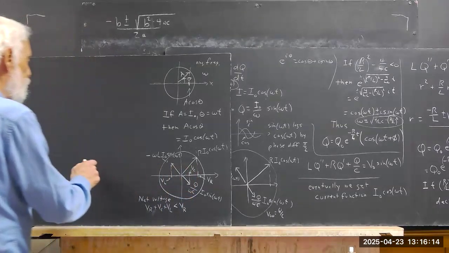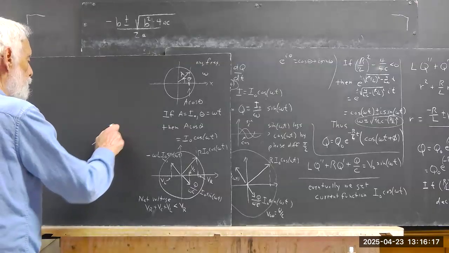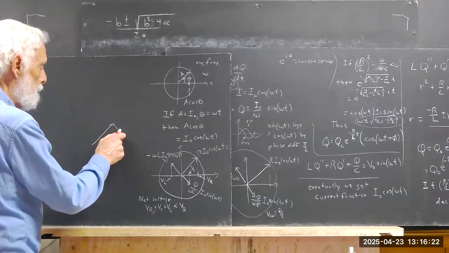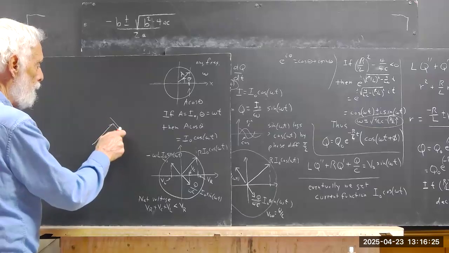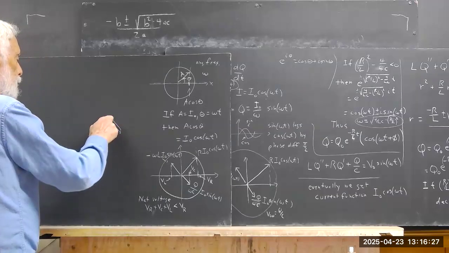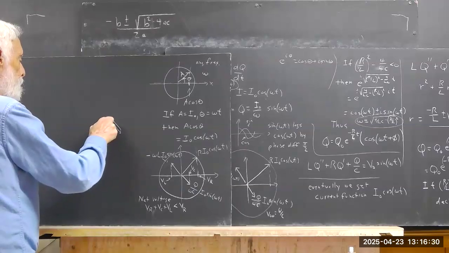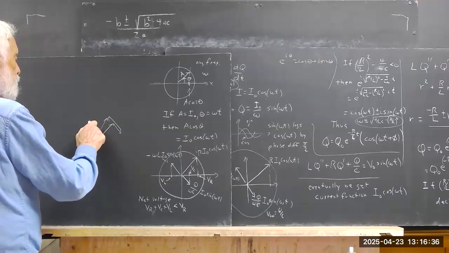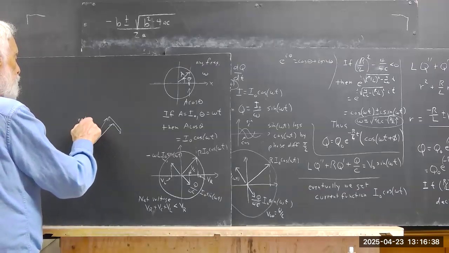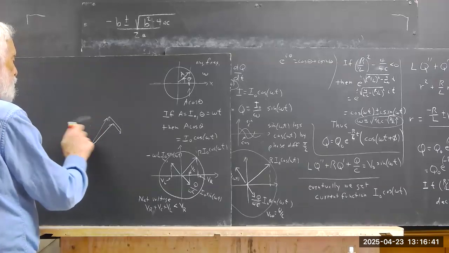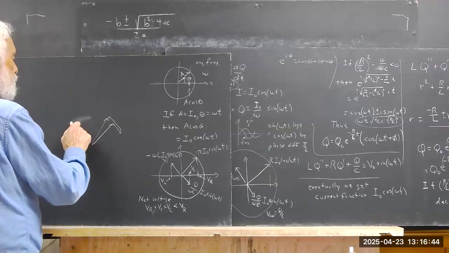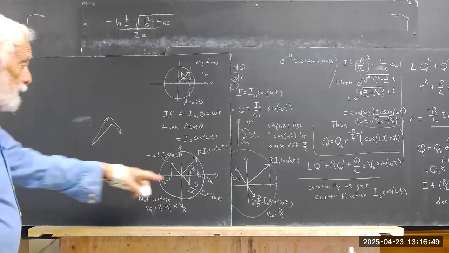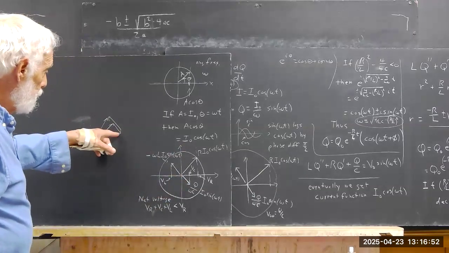If we take these three vectors and add them head to tail, it looks like this. What I did here is I take this vector and then I put this vector head to tail with it.